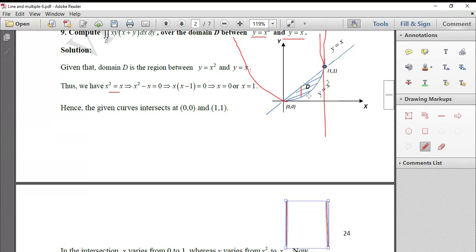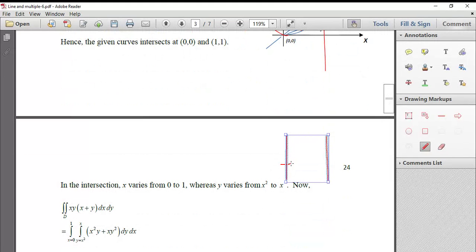Clearly from this picture, y is from x square to x, this line. All the points on this line satisfy the condition y equal to x. All the points on this line satisfy the condition y equal to x square. Therefore, if you consider y varies from here to here, only this region comes, right? Only points which satisfy the condition will come.